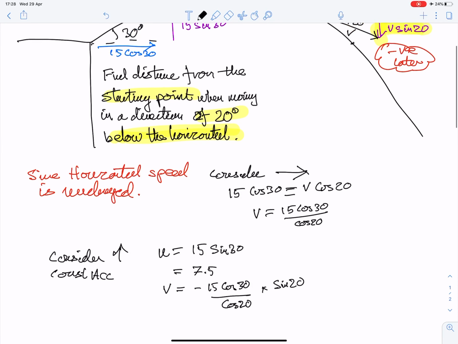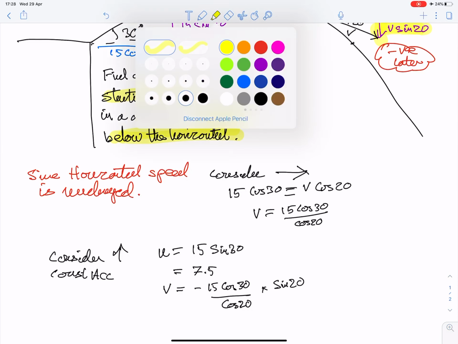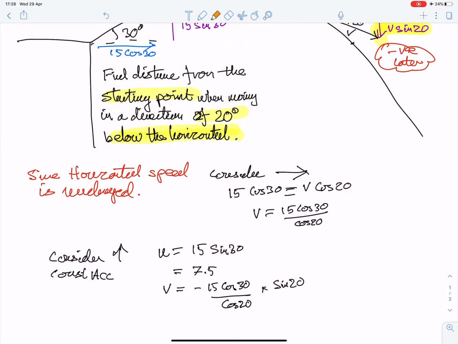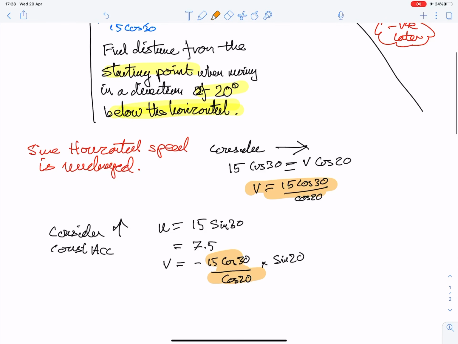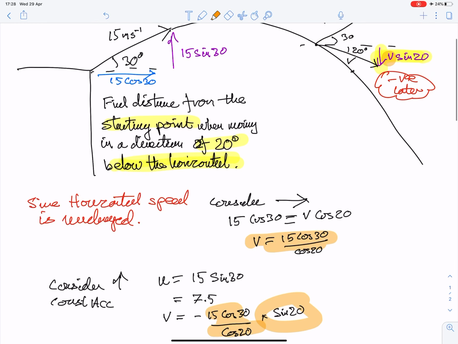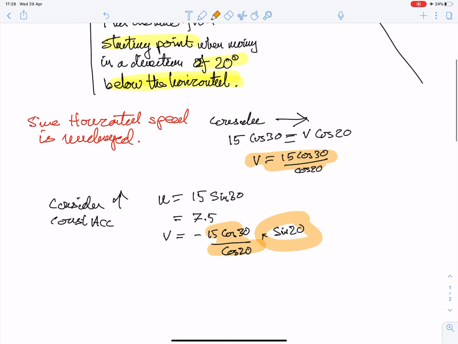So I've substituted in for the v here, yeah? So this is v, and that's that v up there, v sine 20 in that top right-hand corner. So here we've got v sine 20. Hope that's clear.